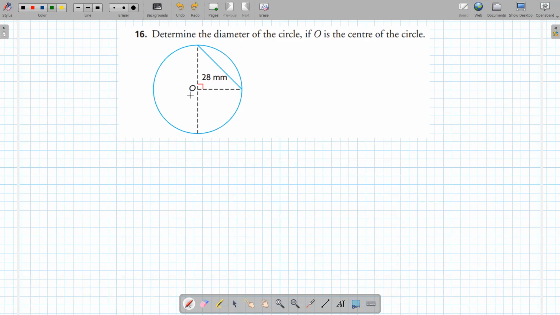What kind of triangle is this? 28 is the hypotenuse, because it's the only one that's not dotted, so I'm assuming it's the hypotenuse. What kind of a triangle are we looking at? A right angle triangle.